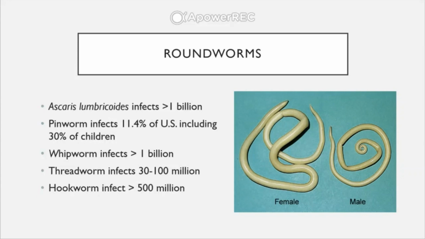Pinworms infect 11.4% of the US, including 30% of children in the United States. Then we have the whipworm, which infects greater than 1 billion globally, and the threadworm, which infects 30 to 100 million people globally, and next the hookworm, which infects more than 500 million people.